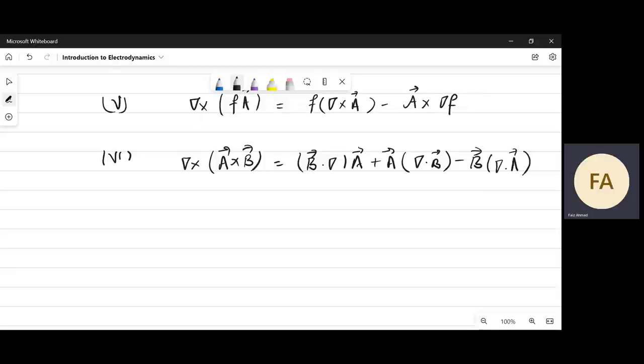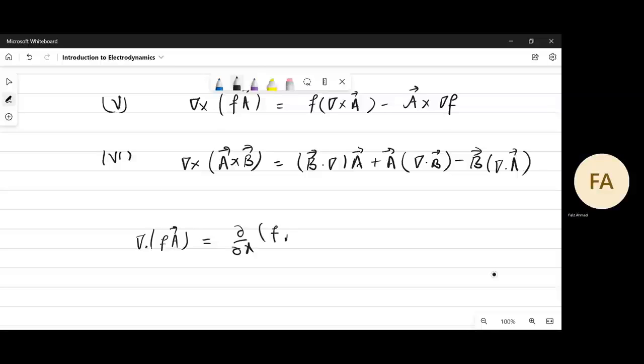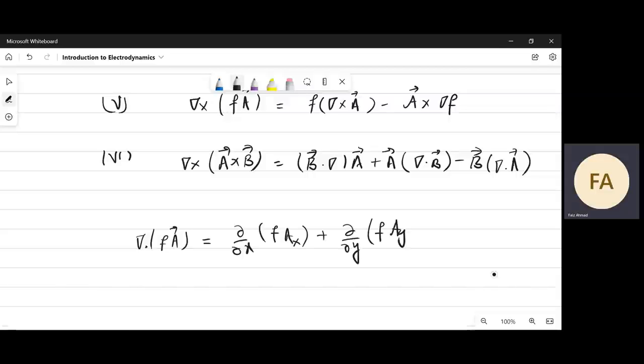We can work out one example, like del dot fA. It turns out to be partial over partial x of f Ax, plus partial over partial y of f Ay, plus partial over partial z of f Az.